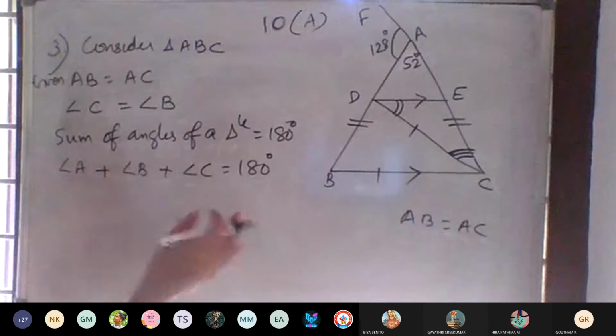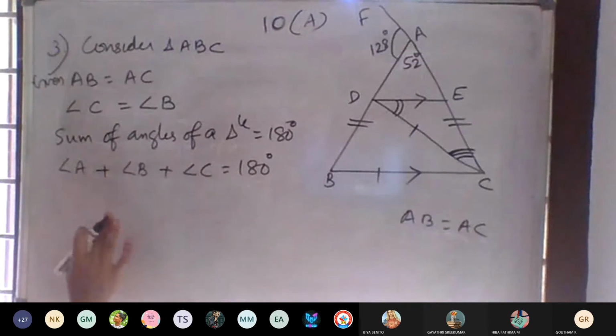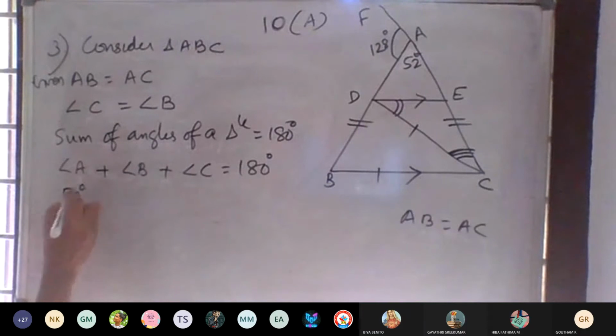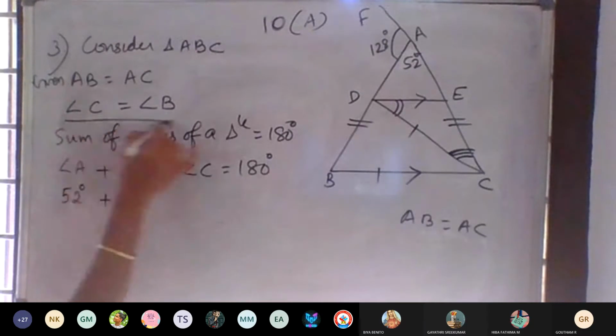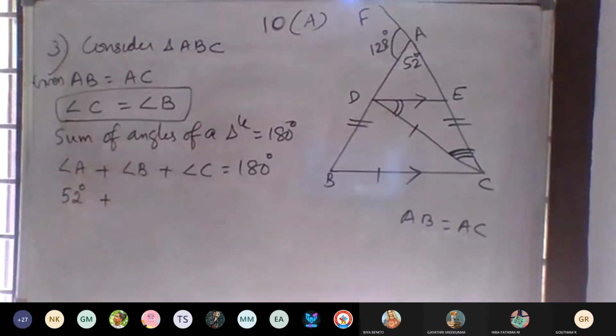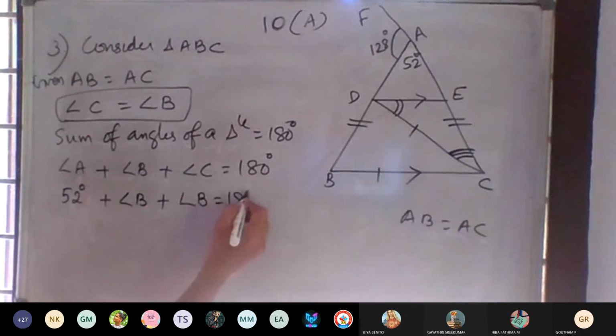Whole triangle we are considering, that is why I am writing ABC only. This A means BAC. Understood? Angle A we have 52 plus. Since angle B is equal to angle C, we can replace angle C as angle B. So angle B plus angle B itself is equal to 180 degree.